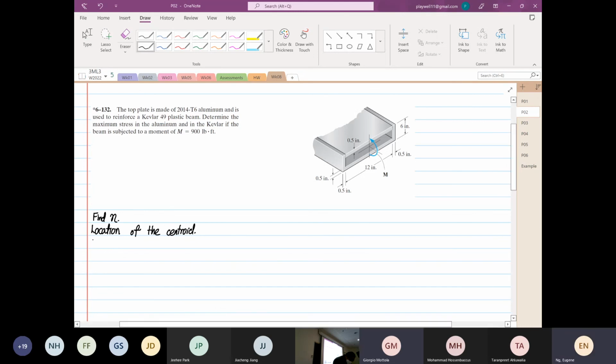Then determine the second moment of area, and then finally find the maximum stresses of aluminum and Kevlar.